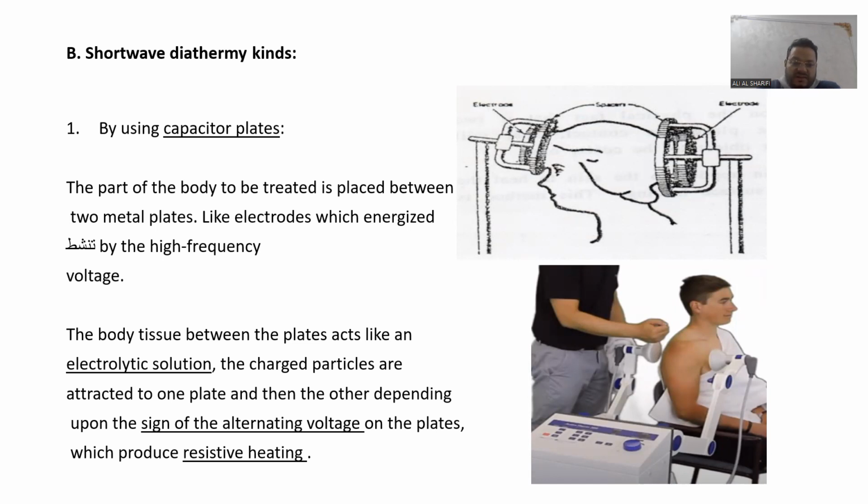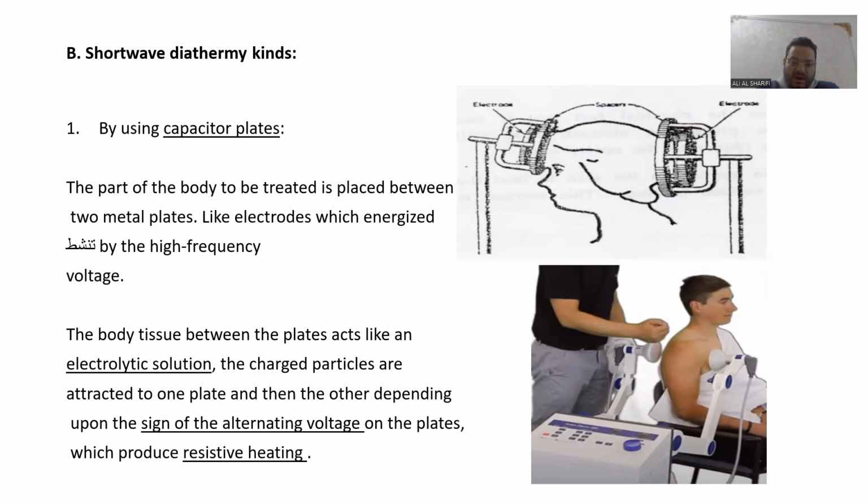The charged particles are attracted to one plate and then the other, depending upon the sign of the alternating voltage on the plates, which produces resistive heating. I explained resistive heating before. Here, the first stage is producing current from alternating current.